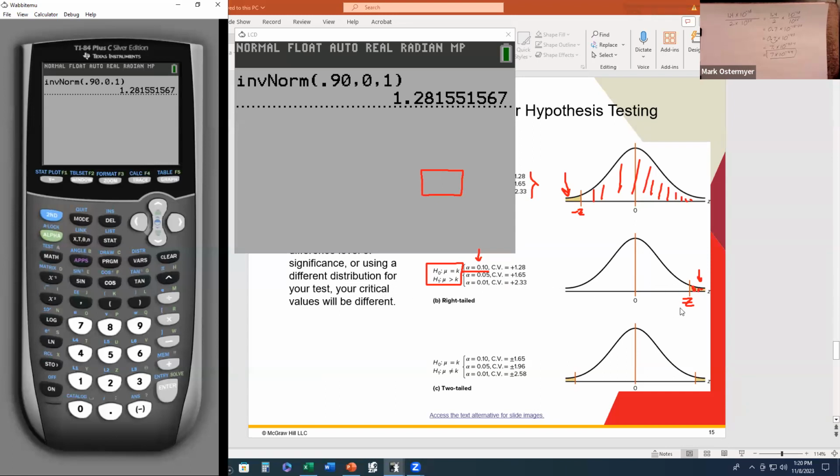And you get 1.65. If you're testing at 1% level of significance, then you type an area of 0.99, because the area and size of your upper tail rejection region would only be 1%. And you'd get a critical z-value of 2.33.